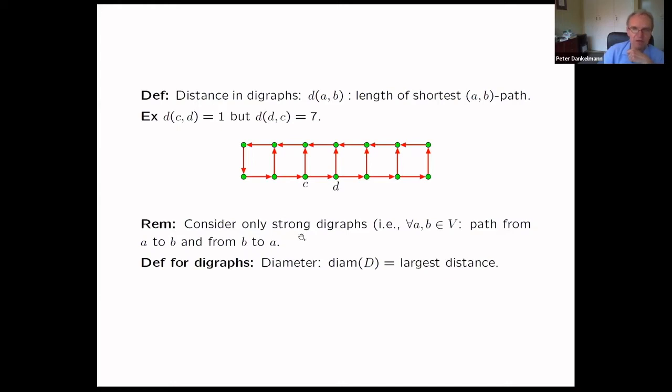By that, we simply mean that if you pick any two vertices A and B, there will be a path from A to B, but also a path from B to A. Just like we had here, there's a path from C to D in that example, but there's also one, longer unfortunately, from D to C. We will consider only those digraphs. I will not mention it every time. And we will also look at the diameter, in other words, the largest distance between two vertices in a digraph, and see what we can say there.